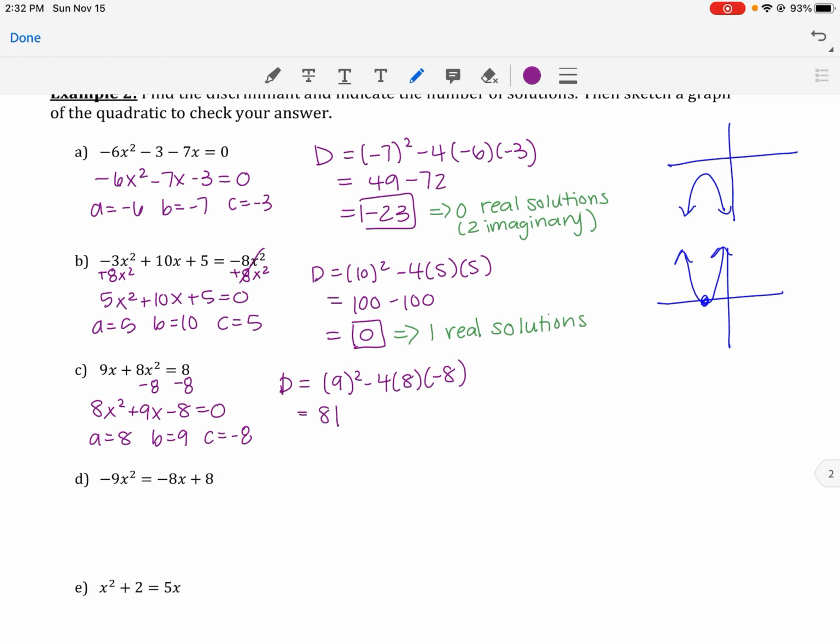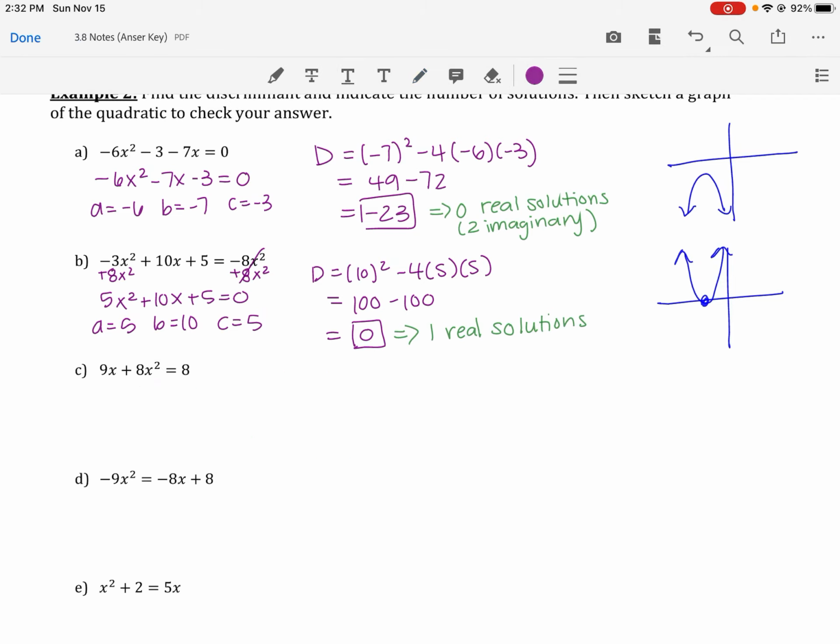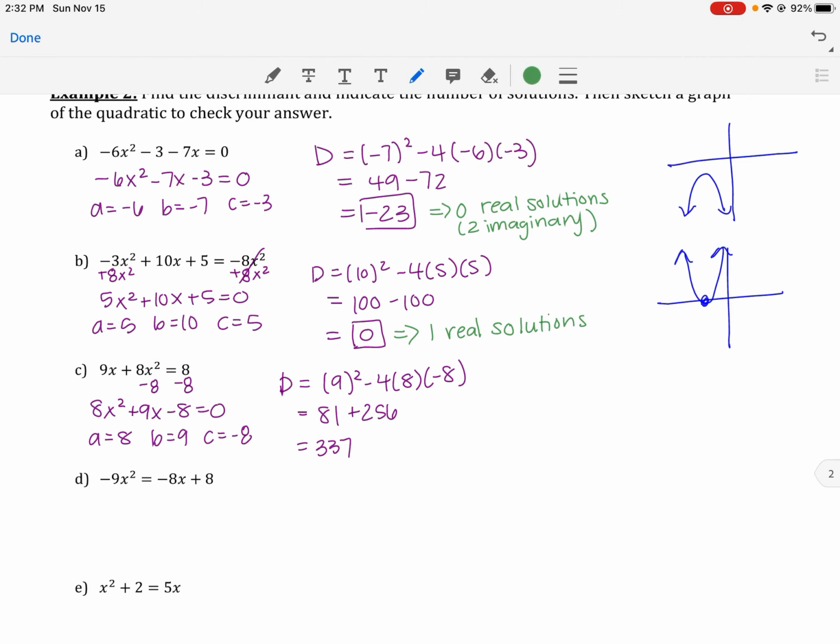And if I do a negative 4 times 8 times a negative 8, I get positive 256. So 81 plus 256 is 337. And that's one of those where, if you're not sure if it's a perfect square or not, just take the square root of that, and you'll notice you get a decimal. So that means that while it is positive, so there are two real solutions, they are irrational. So they're not going to come out nicely.